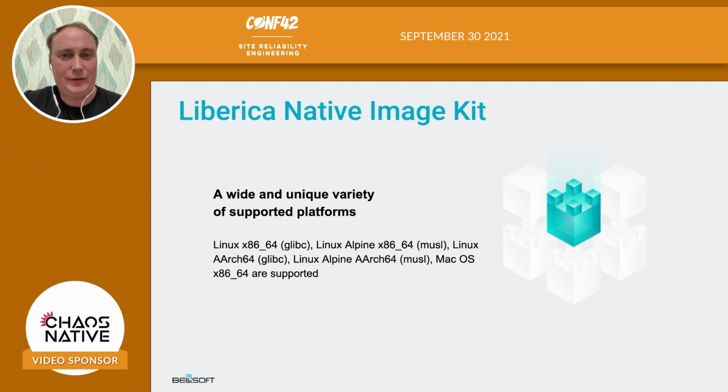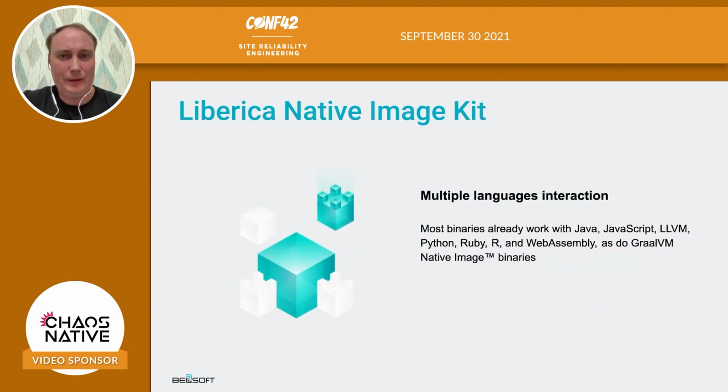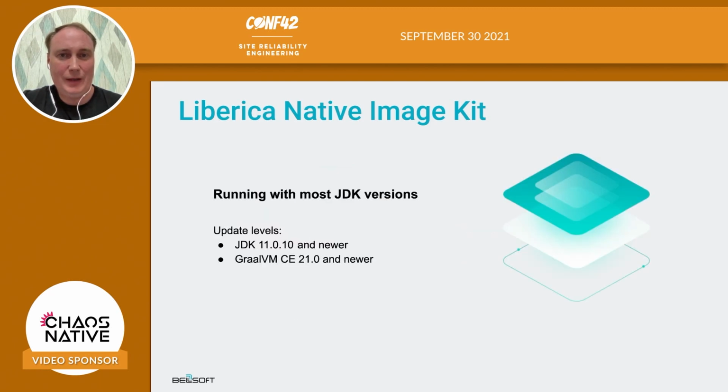We think that support for a few extra platforms is important, like Alpine musl and ARM64. Language support for native images is still interesting, and we still include that in Liberica Native Image Kit. And at the heart of this kit, there is Liberica, the LTS version of JDK.